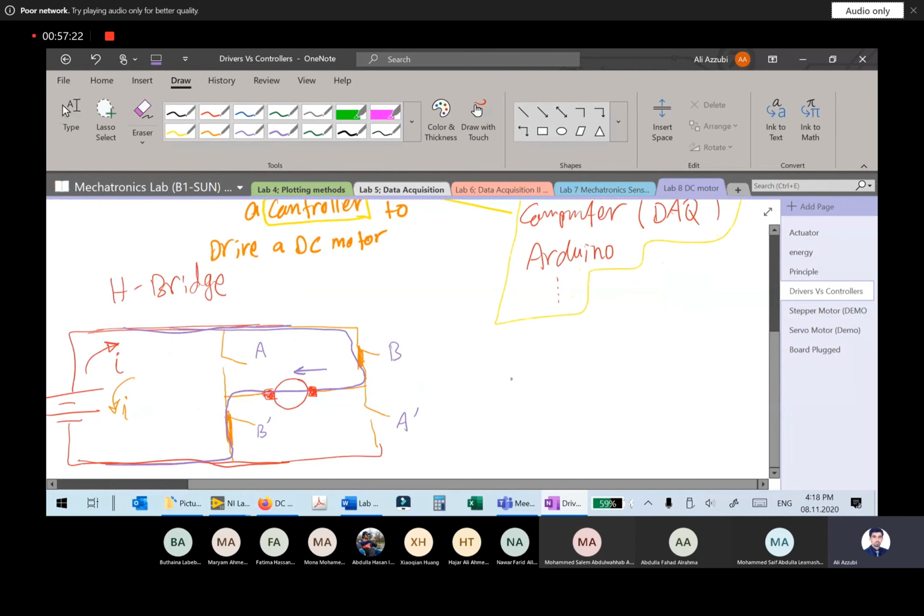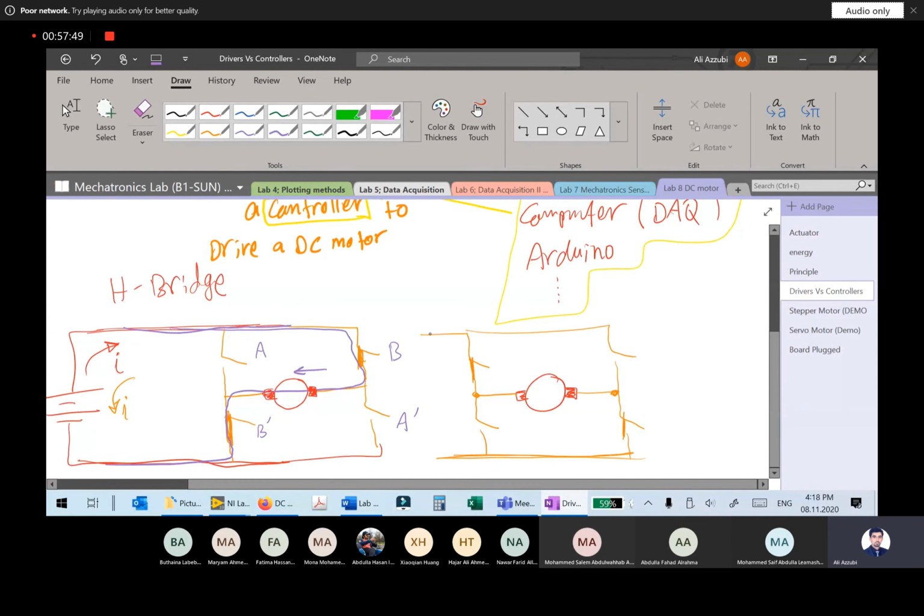Now if I close A and A prime, now this is connected here.